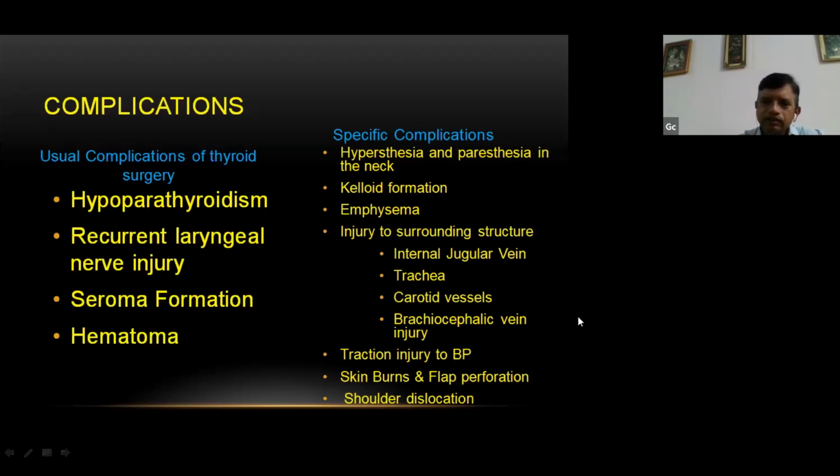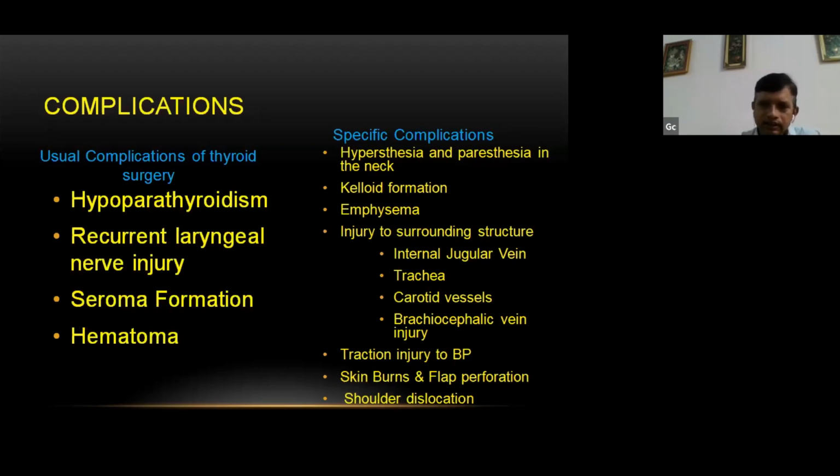But definitely, if you are operating on cancers, then the chances of these complications may be there. But for beginners, if you are selecting small cases, small thyroid nodules, then the chances of these complications are less.